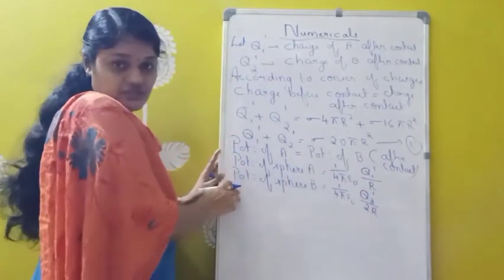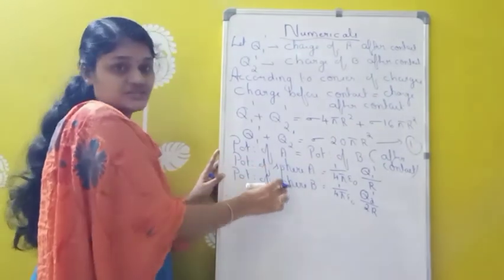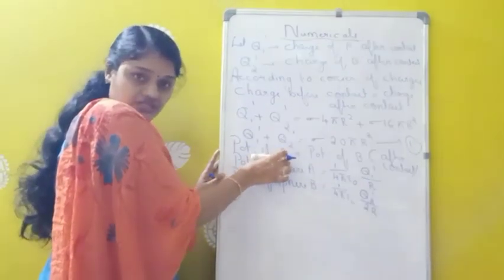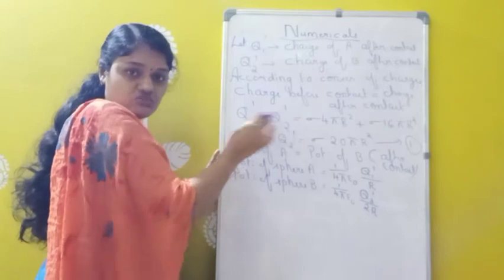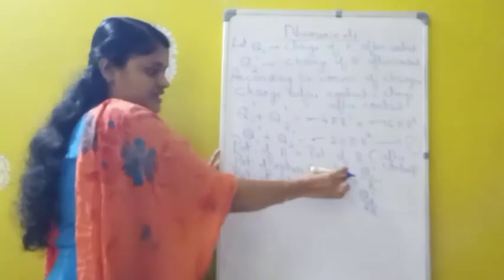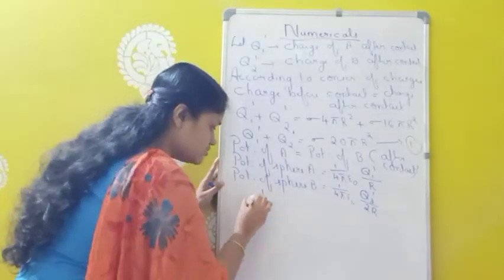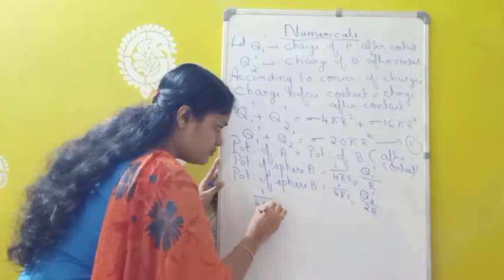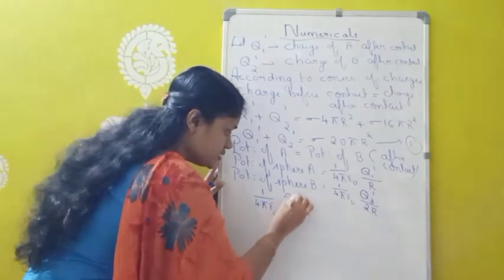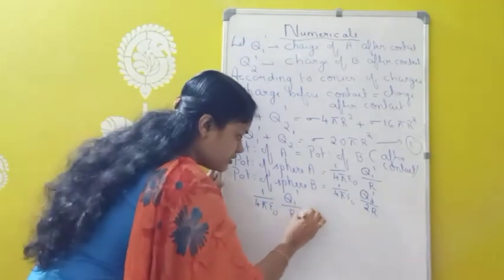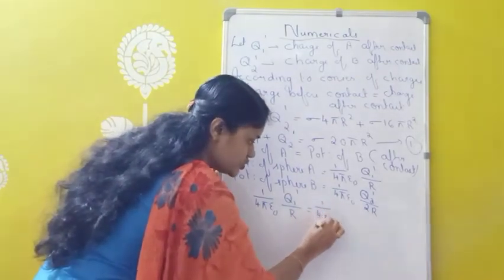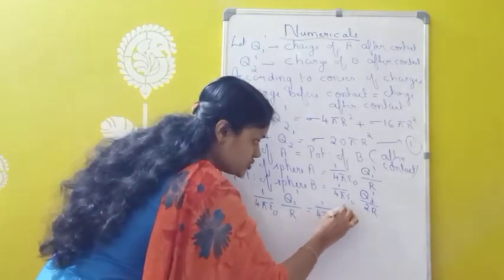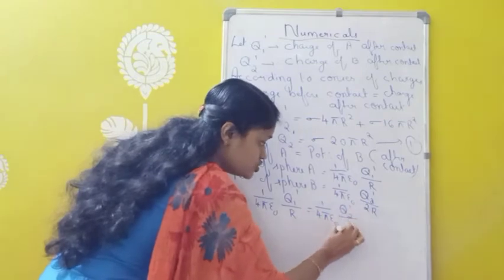Now both the potentials are the same since the spheres are in contact, so we can equate these two. 1 by 4 pi epsilon 0 Q1 dash by R equals 1 by 4 pi epsilon 0 Q2 dash divided by 2R.